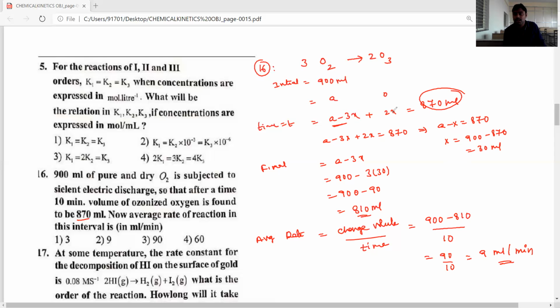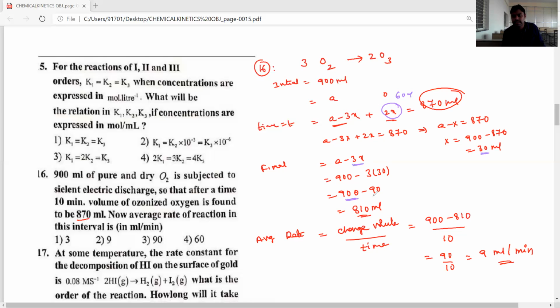Since x is equal to 30, 60 ml of O3 is formed, and out of 900 ml of O2, 3x, which is 90 ml, is decomposed.